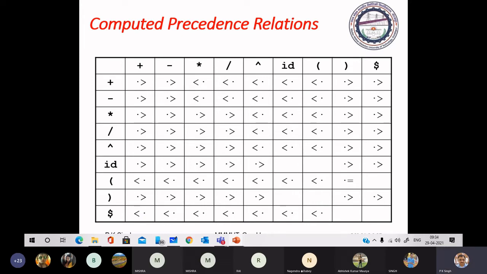I have told you that we use this precedence relation for parsing.